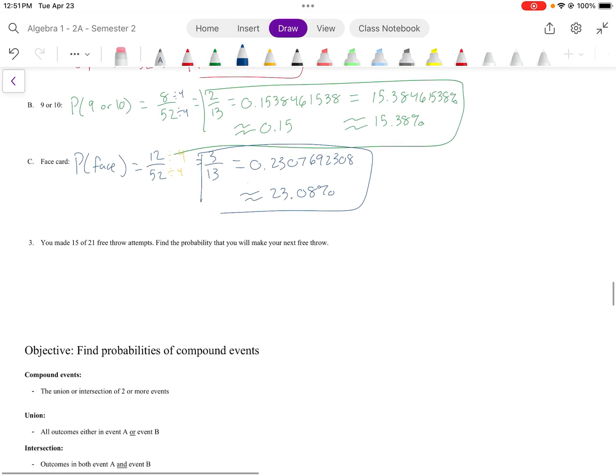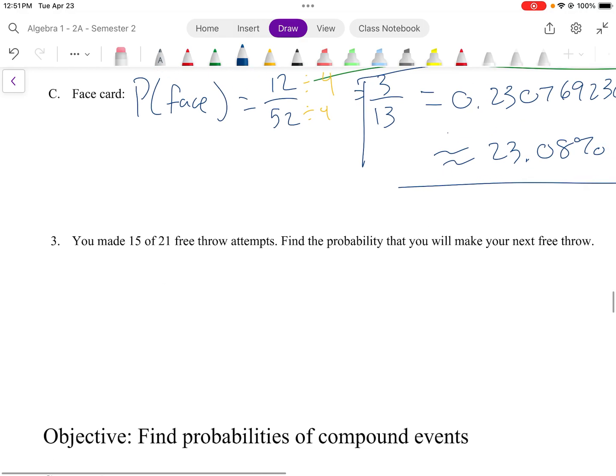Excuse me. And then the last example problem here we have made 15 of 21 free throw attempts. That's our experimental probability. Based off of that, they say find the probability you'll make your next free throw. So the probability that you're going to make a free throw based off of what you've already done is 15 out of 21. 15 and 21 are both divisible by 3.